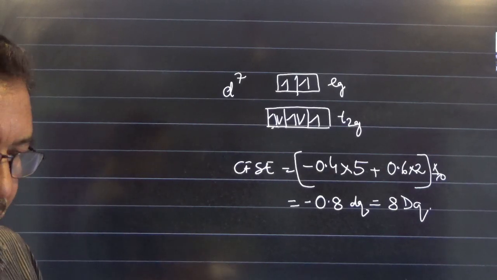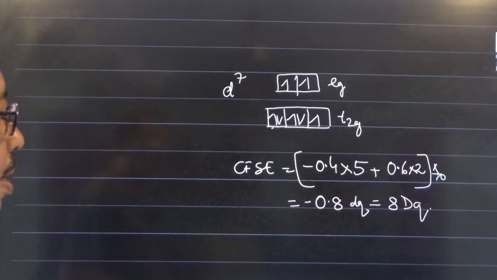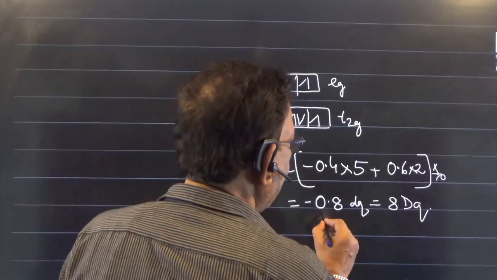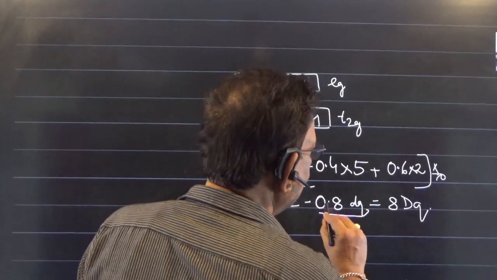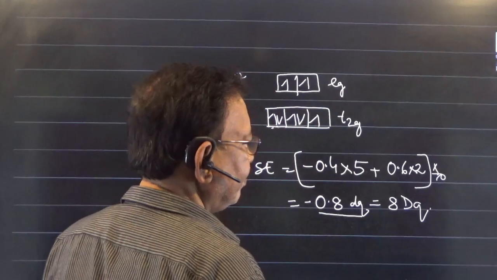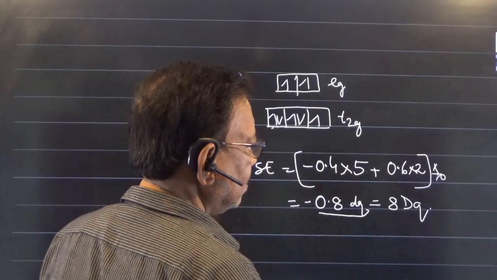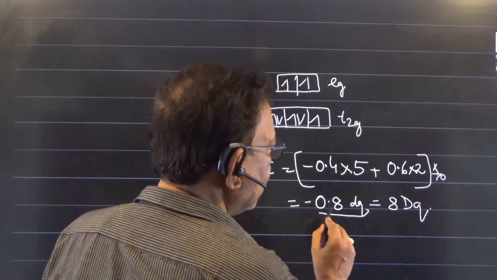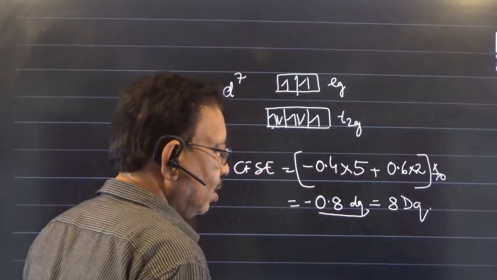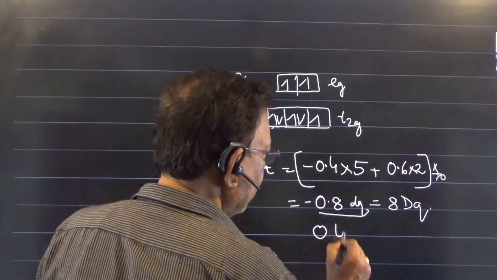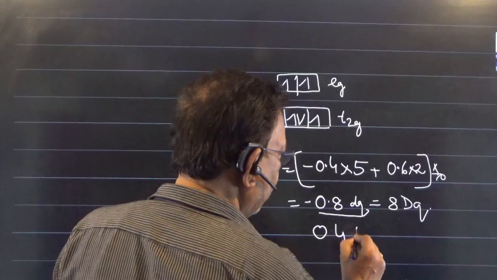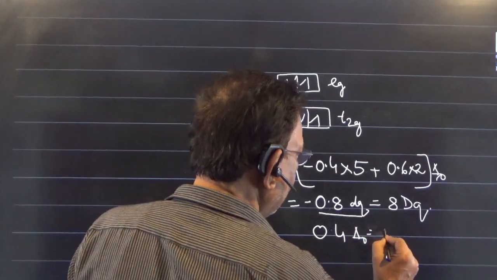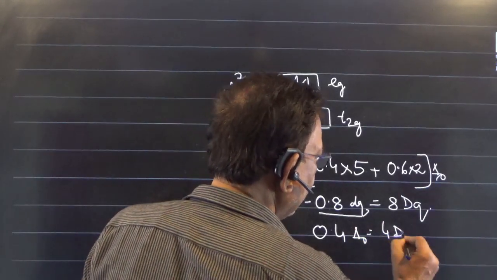Sir, how is it 8 Dq? Meaning 0.8 Dq, multiply it by 10. This is equal to this: 0.4 small dq octahedral is equal to 4 dq.